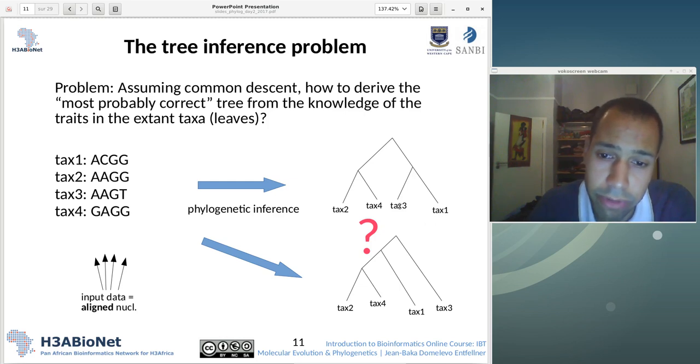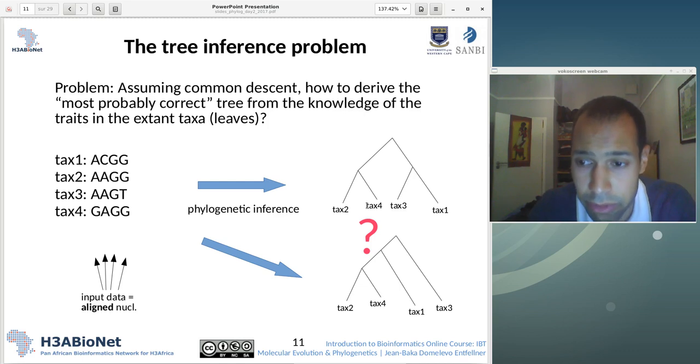Extant taxa are those taxa from which we can get information today in order to perform this tree inference problem. Most often extant taxa are species that exist nowadays.